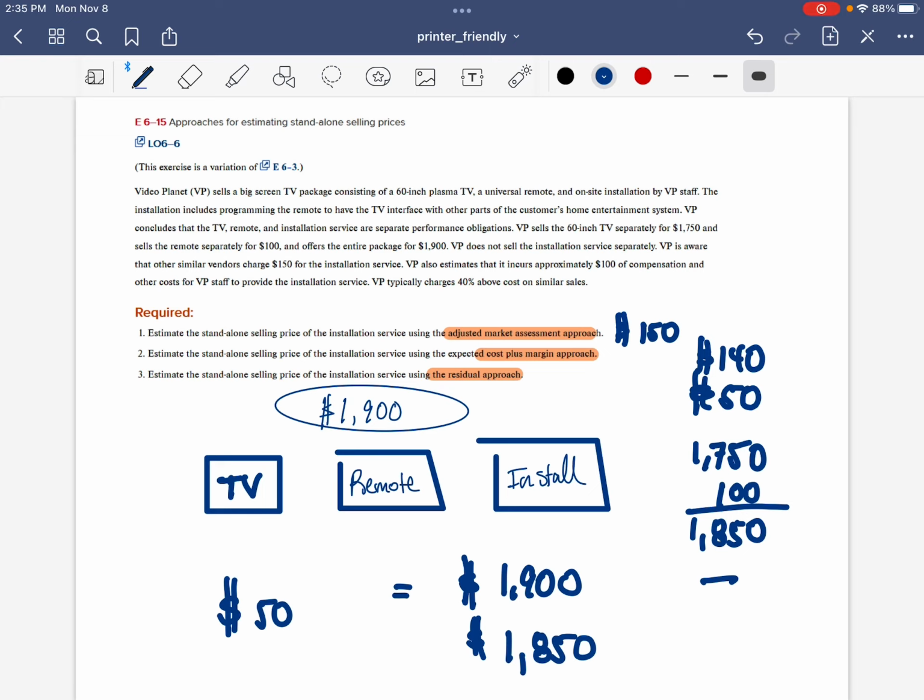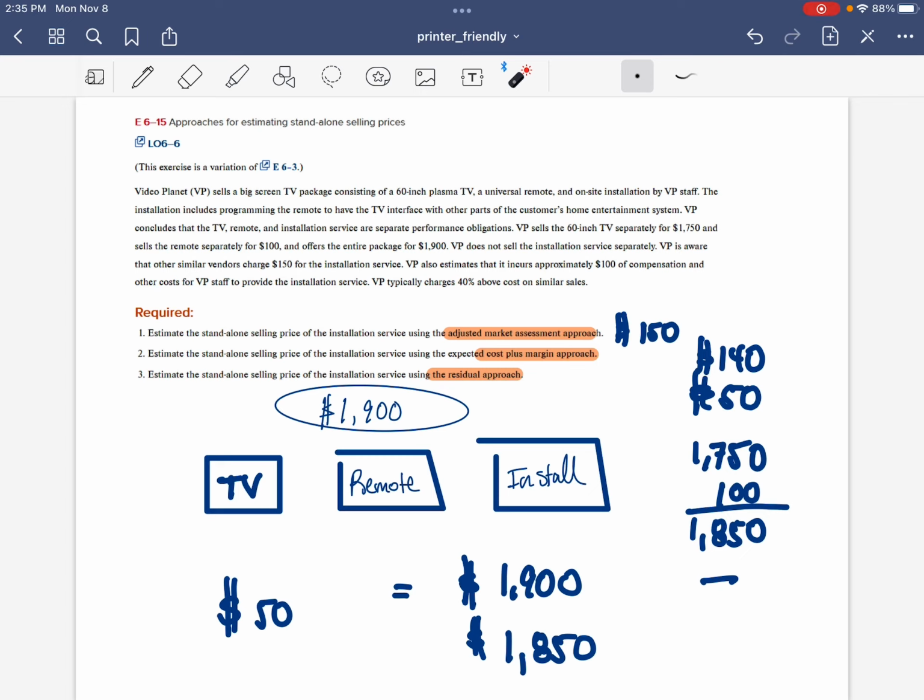The idea here is we want to split up this $1,900 into TV, remote and install. The way we do that is we look at the standalone selling price for the TV, remote and install, and we split it up based on the percentages of the total standalone selling price. What do we do when we don't know the standalone selling price?